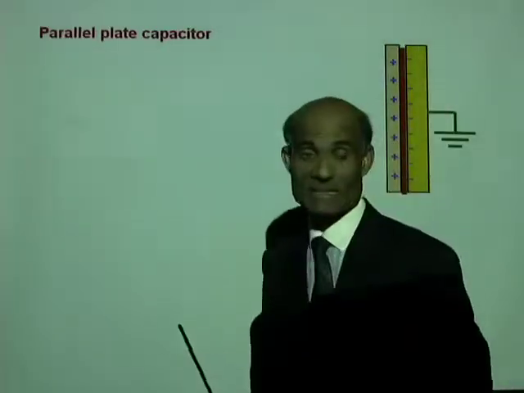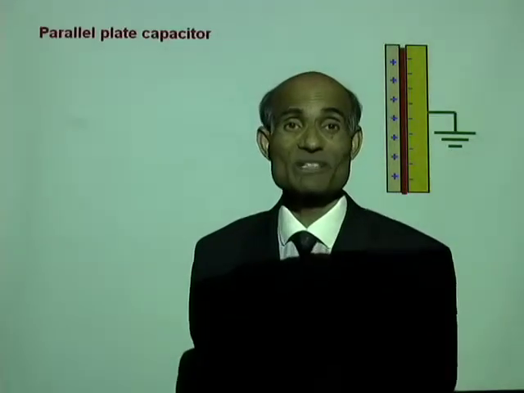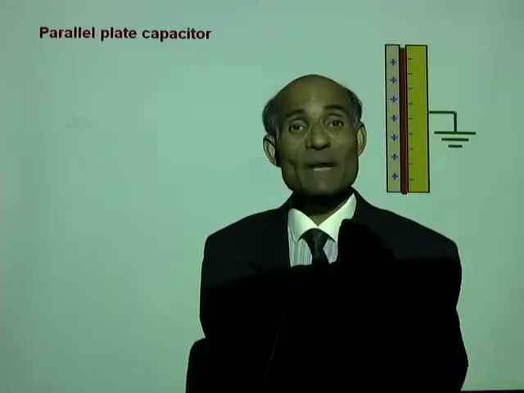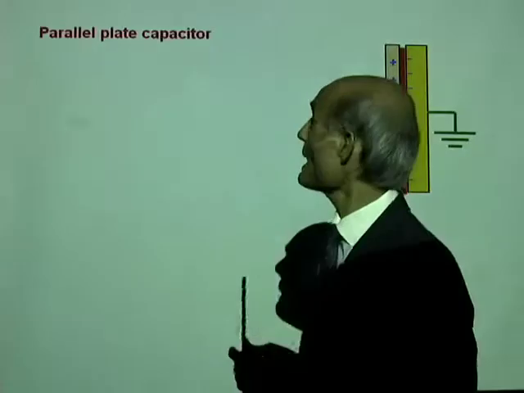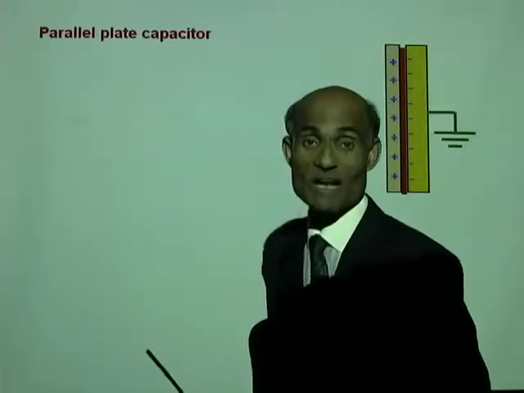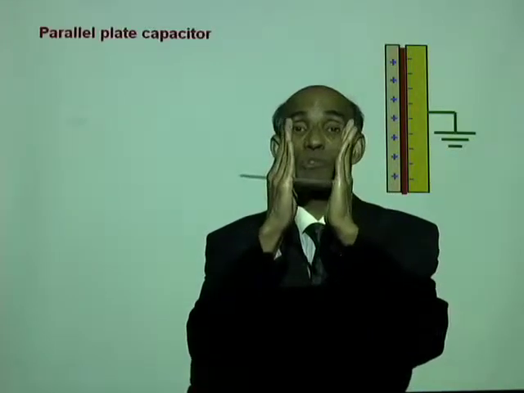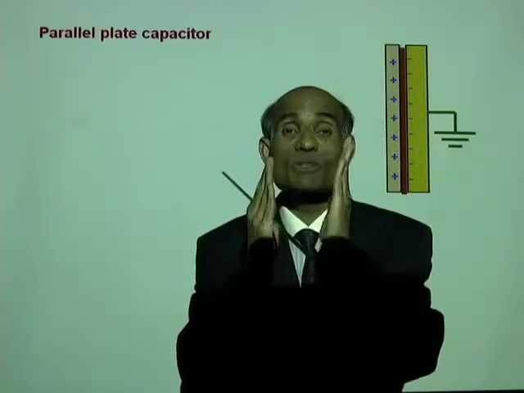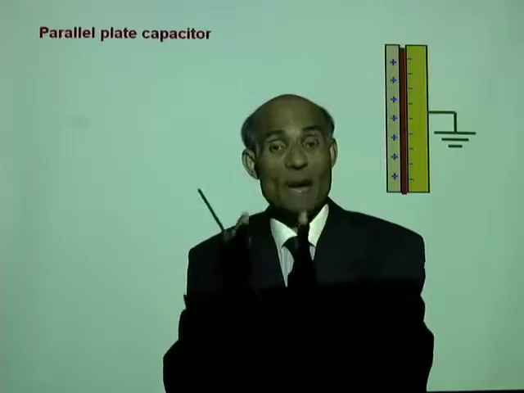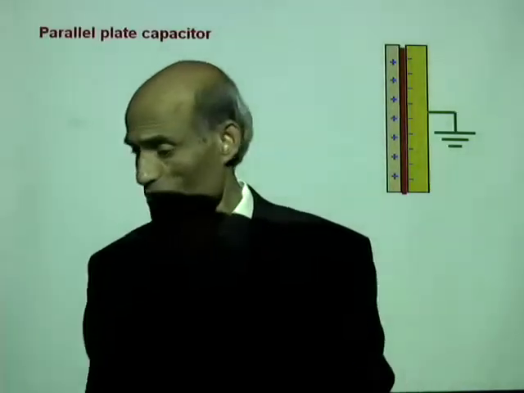Let's now look at one type of capacitor called a parallel plate capacitor. As the name suggests, this is made up of two conducting plates, both made of parallel plates.